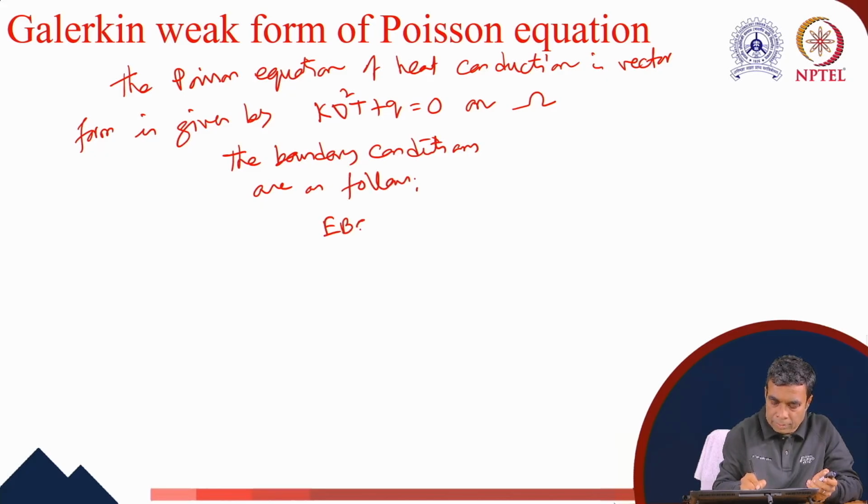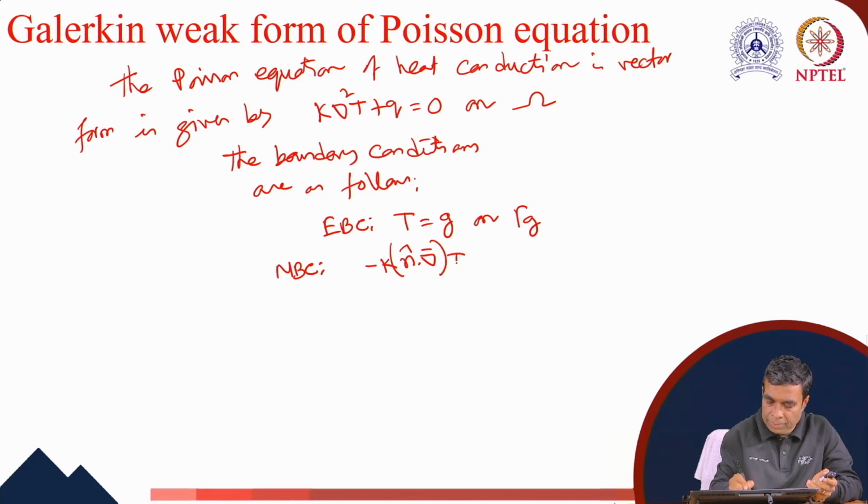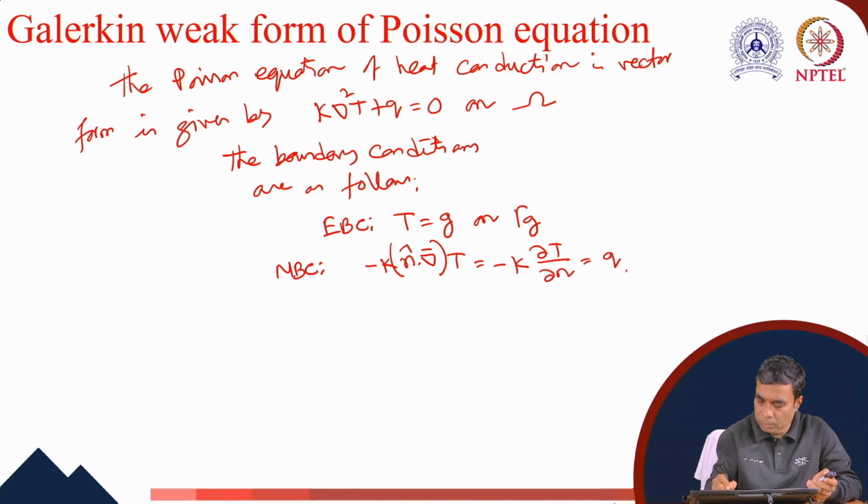EBC: T equals to G on gamma G. Then we write the NBC: minus K n cap dot del T equals to minus K del T del N equals to Q0 on gamma Neumann.